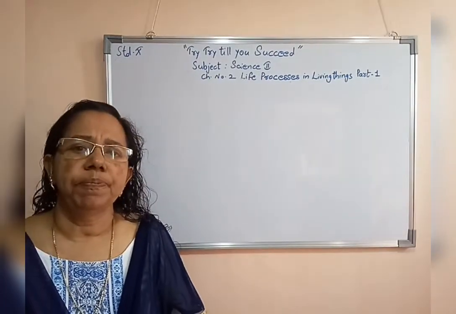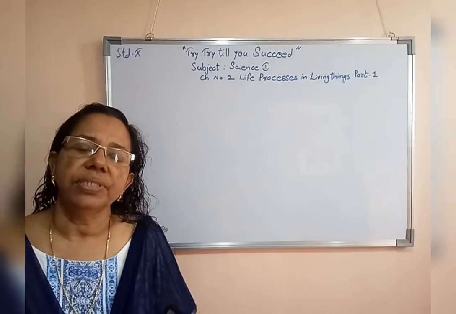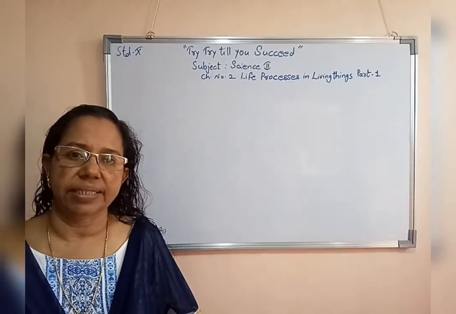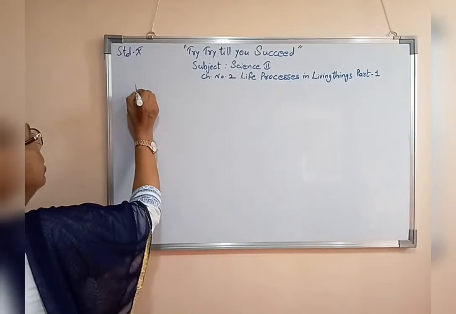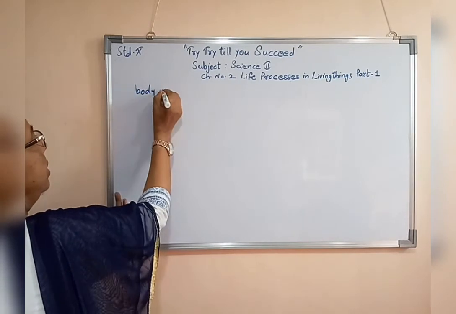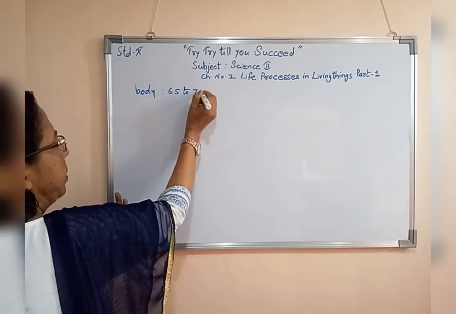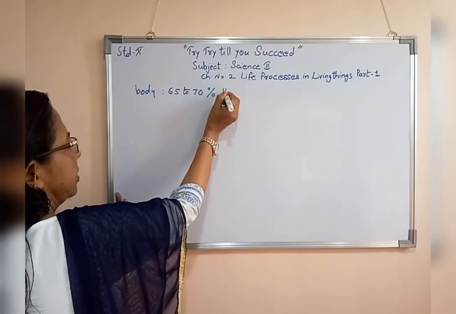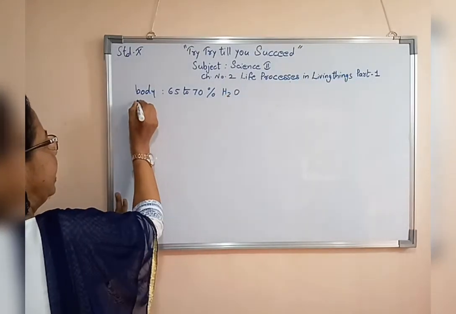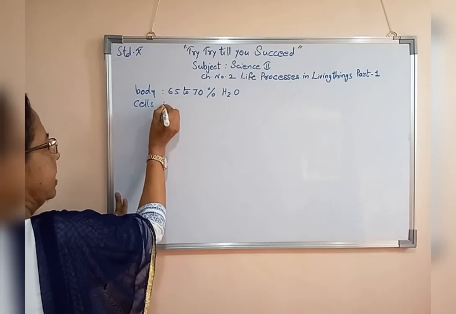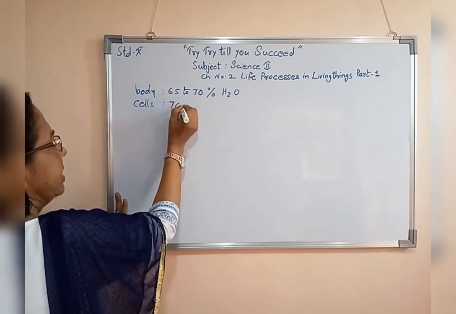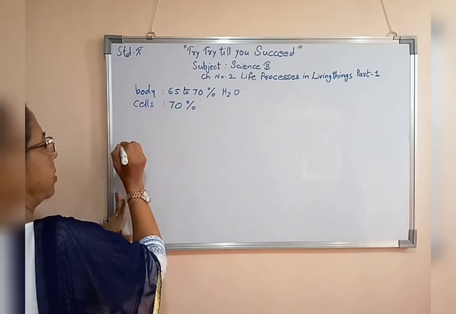In our body, 65 to 70% of water is present. Inside the cells, there is 70% of water.